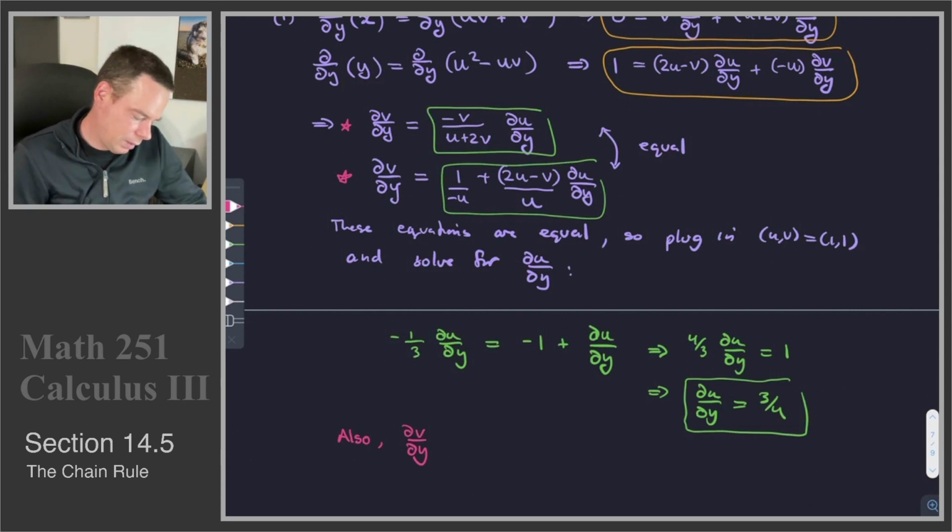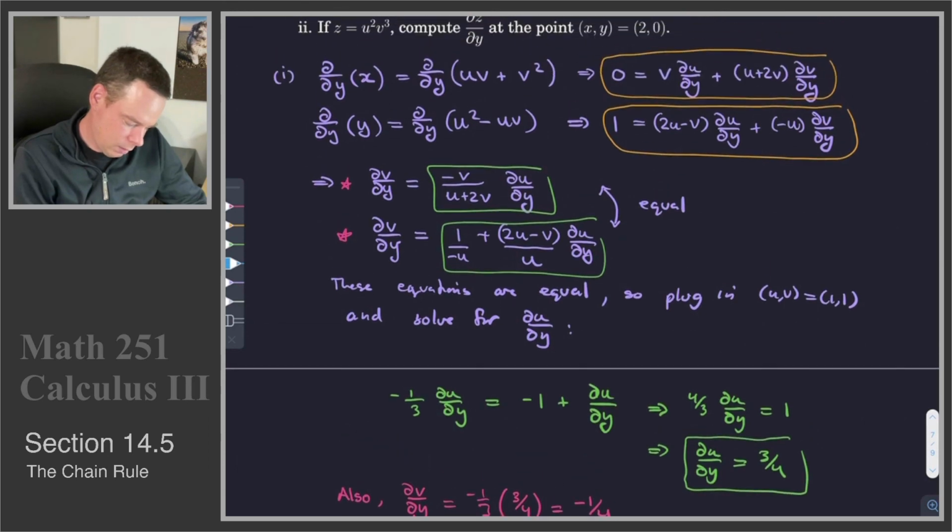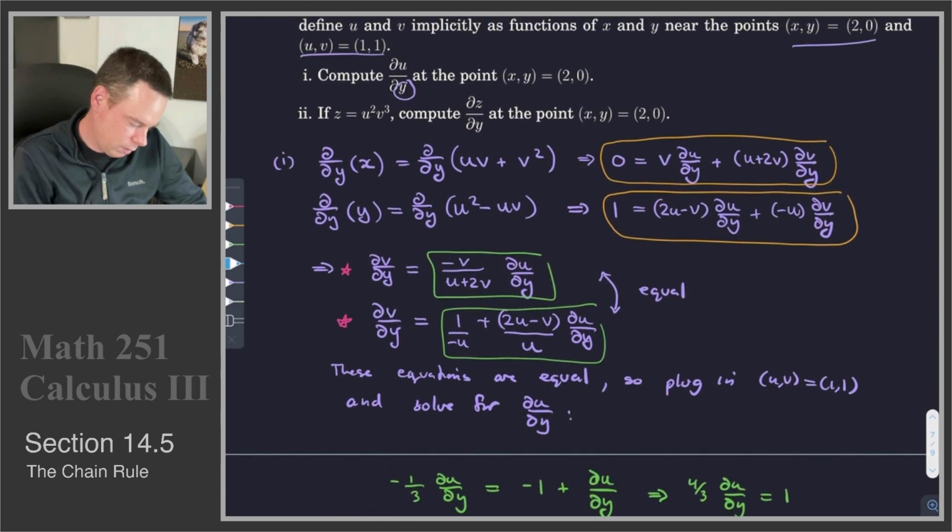And so maybe I'll take the first equation. dv/dy is equal to negative v over u plus 2v times du/dy, so that's negative 1/3 times 3/4, or in other words, negative 1/4. So that's dv/dy. And now we can go ahead and answer the second question.